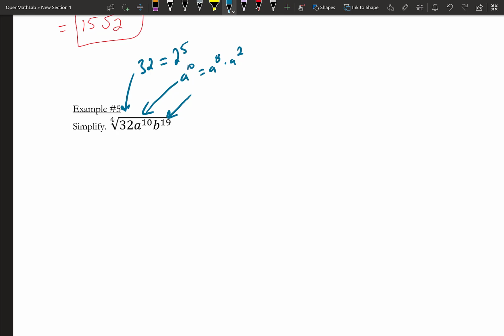Again, I'm thinking of what's the biggest multiple of 4 that's less than 19. And that is 16. So b to the 19th equals b to the 16th times b to the 3rd power, b cubed. Right, so these are just my initial thoughts.